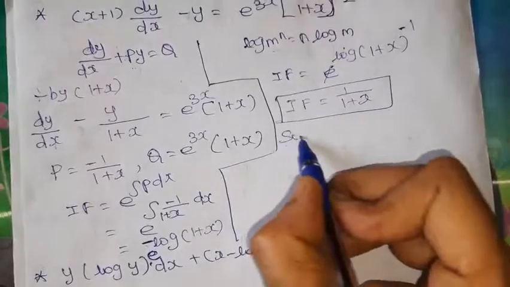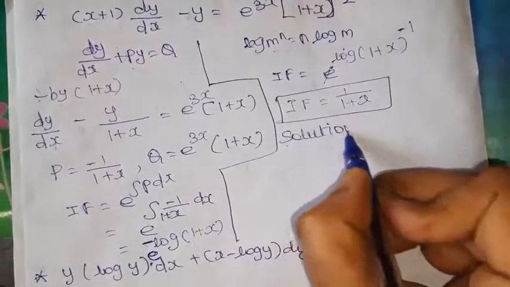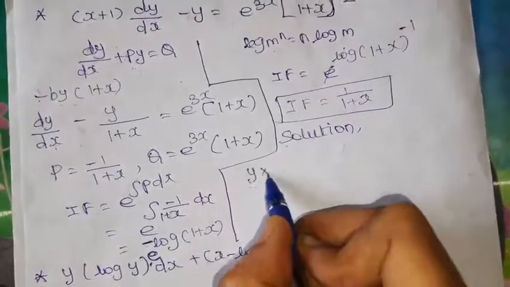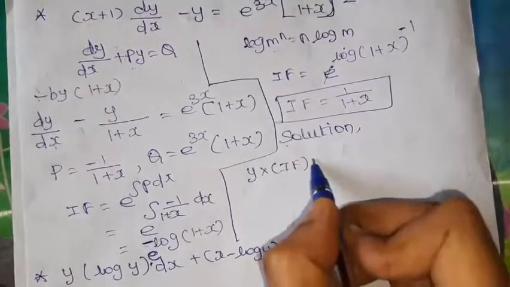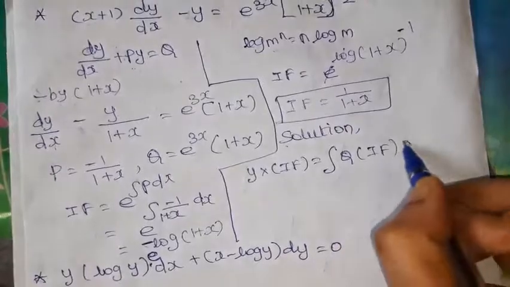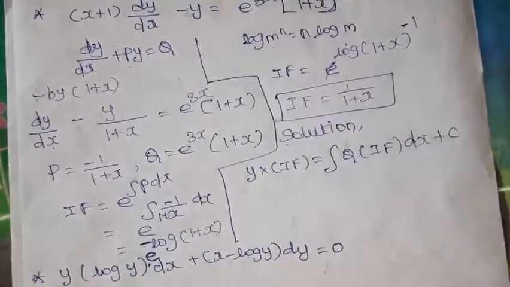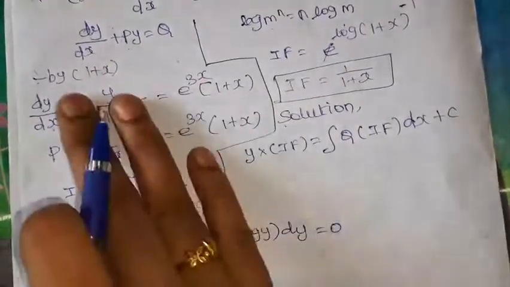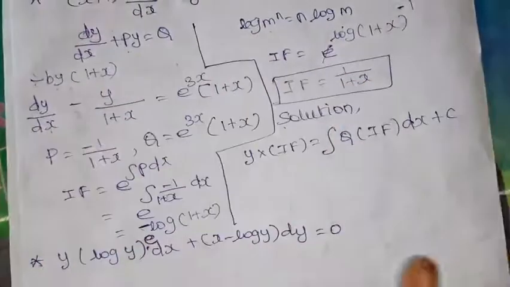Next, what is the solution? How to find it? Y into integration factor equals integral of Q into integration factor dx plus C. This is the solution for this Leibniz linear differential equation.